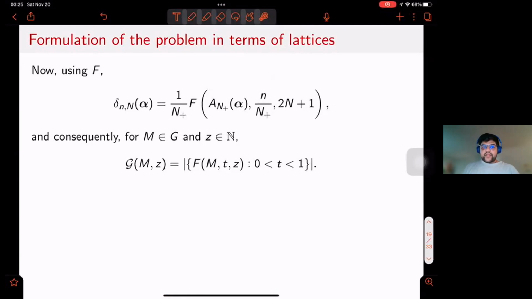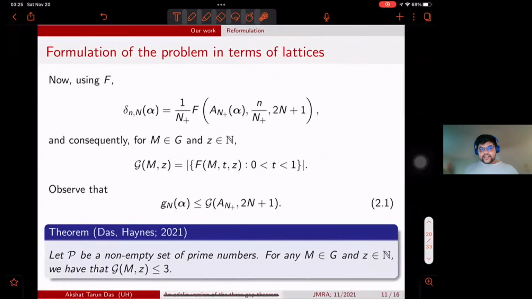An important observation is that if you consider the specific case again, which is related to the little g n function, where M is particularly the lattice an plus alpha, then we have this relation between the little g and alpha function, which is counting the number of distinct nearest neighbor distances, and the capital G function, which is counting the number of distinct values that the function f takes.